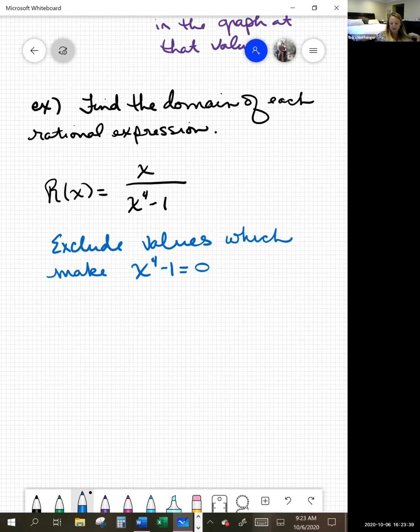Two terms, try difference of squares, difference of cubes, but this looks like a difference of squares to me, because this could technically be rewritten as x squared quantity squared minus 1 equals 0. So difference of squares here. So I have x squared minus 1, x squared plus 1 equals 0. Difference of squares again, x minus 1, x plus 1.